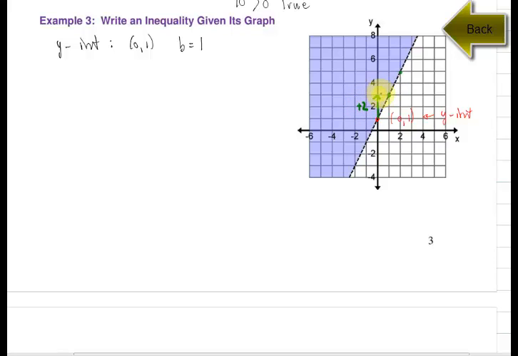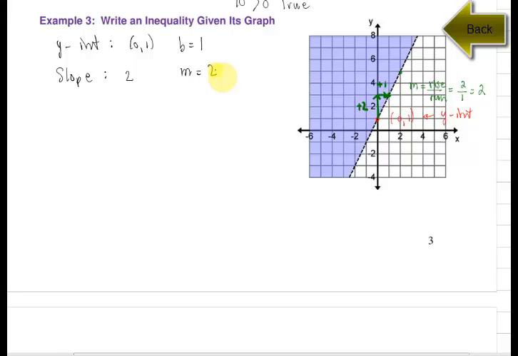And I am going to go to the right 1, so plus 1, which means that my slope, m, is equal to rise over run, which in this case is 2 over 1, which is 2. Okay, and so I know that my slope is 2, so that means m is equal to 2.